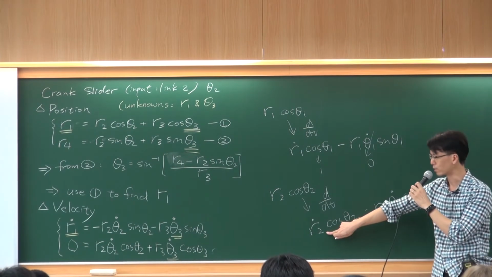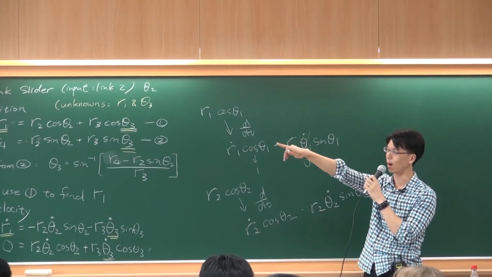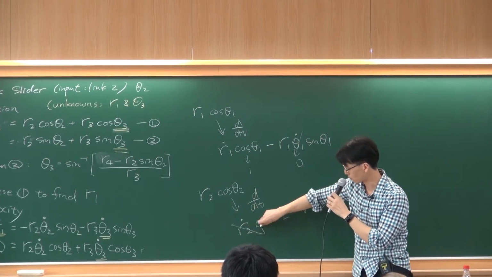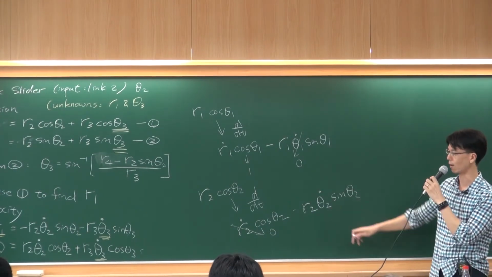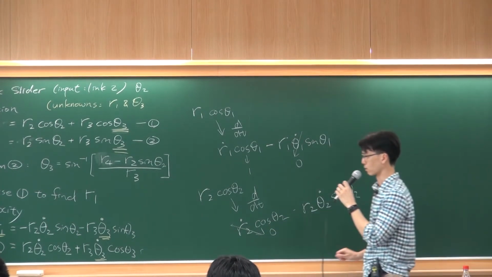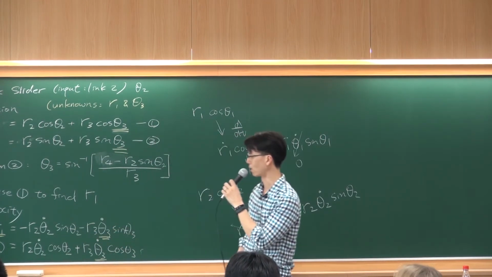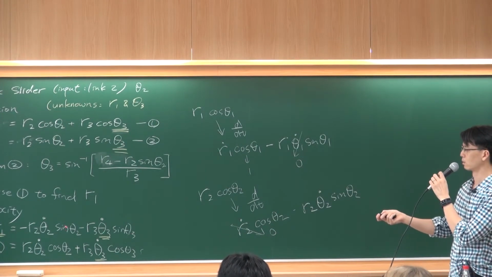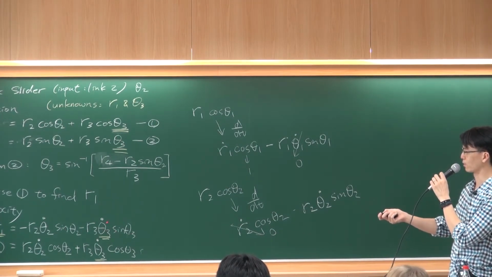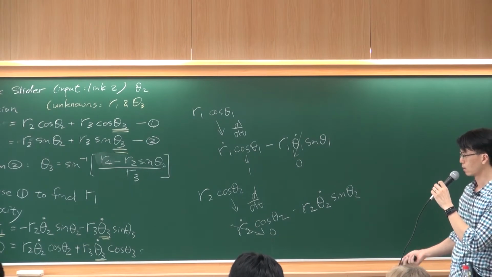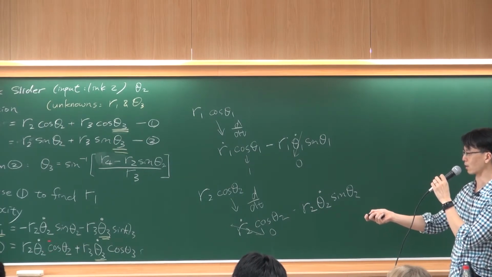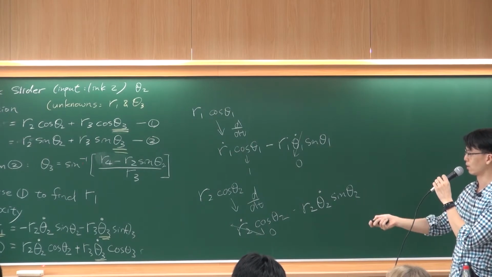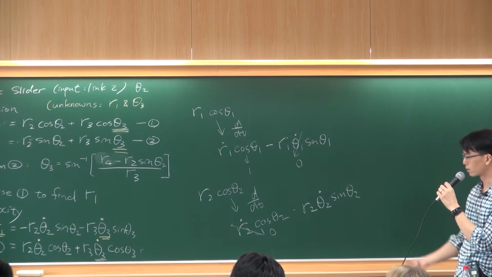But because R2 is a constant, it's just the length of the bar, and the length of the bar is not changing, so this term is 0. So we only have this one left for R2. R3 is similar to R2, so you only have the theta 3 dot term left, and the same goes for the y component. You do the same time derivative for the second equation, and then you obtain these equations.